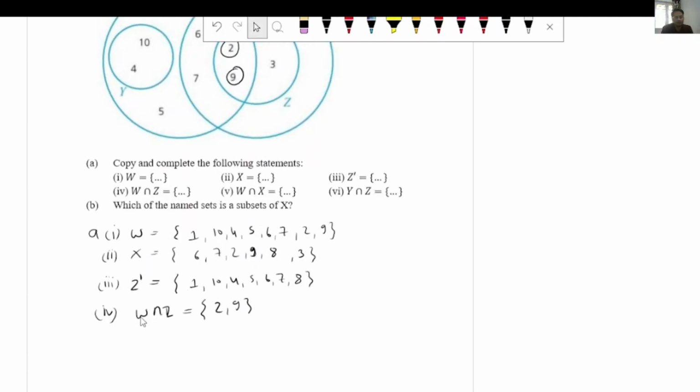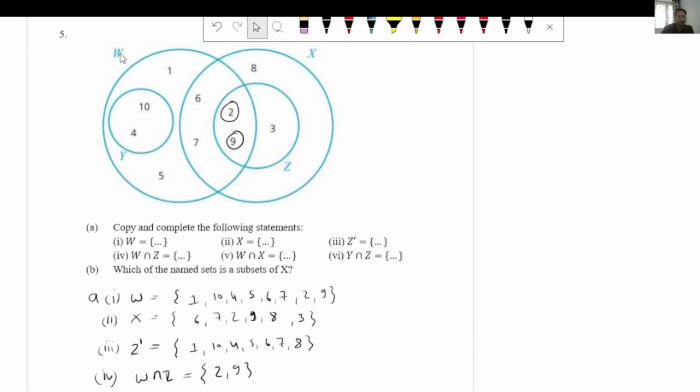Next, for the fifth part, W intersection x. I'll write it again, W intersection x.